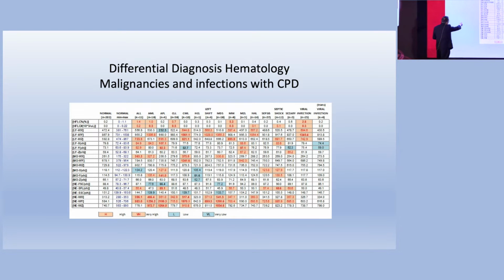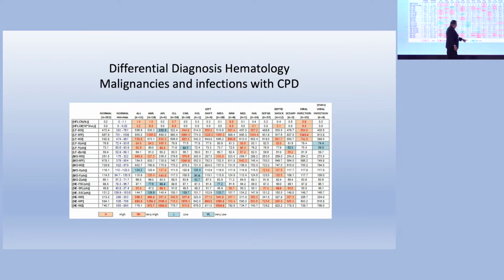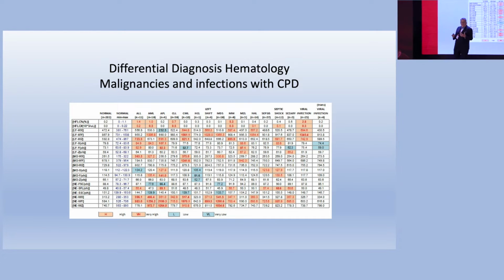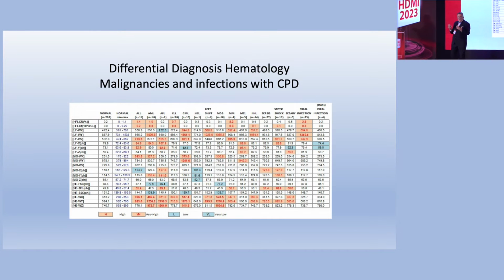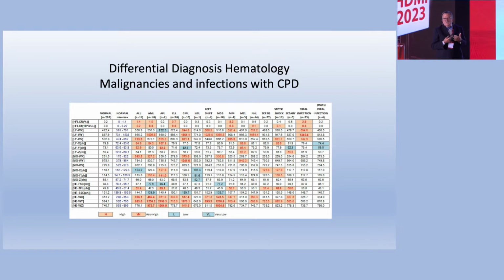Look, the parameters, cell population data, when they are high, they are red. When they are very high, they are bold red. When they are low, it is blue. When they are very low, they are bold blue. All the patterns for all the diseases are different. Combining them and using artificial intelligence or using rules, we can help to suspect hematological disorders.